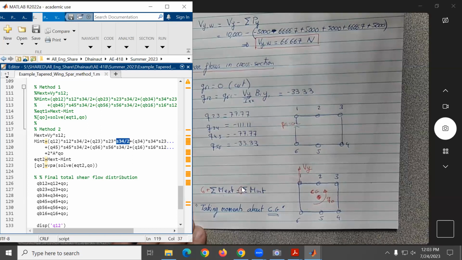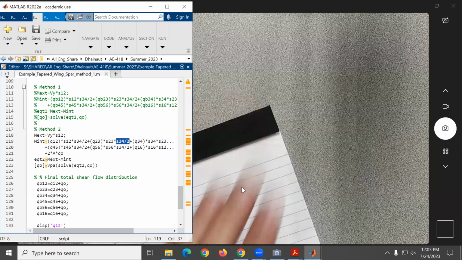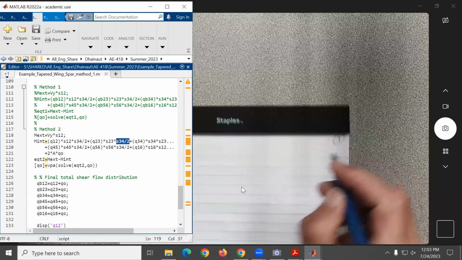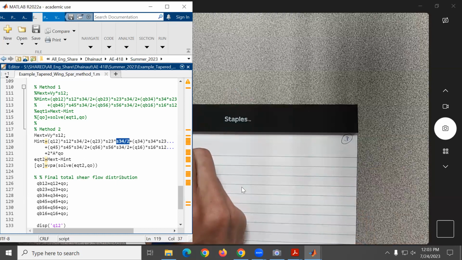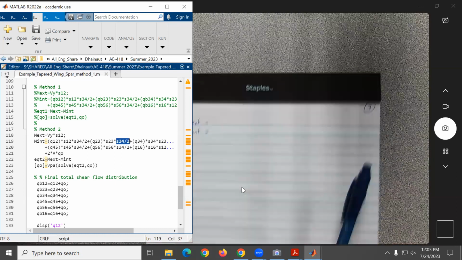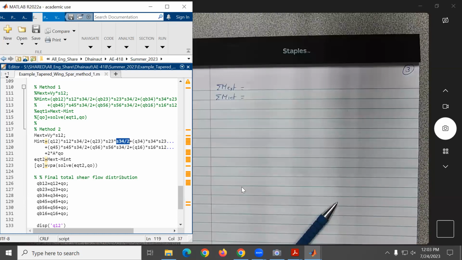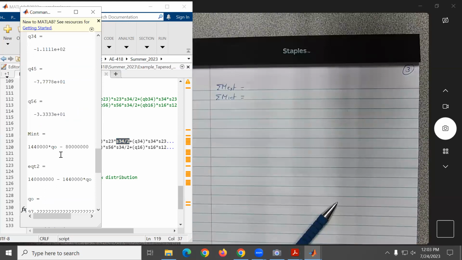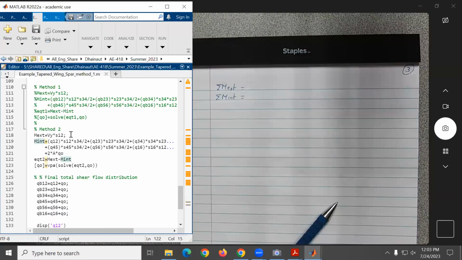All right. So we do that. We found the expression for the external moment is equal to, let's see. Maybe I should have the external as well.